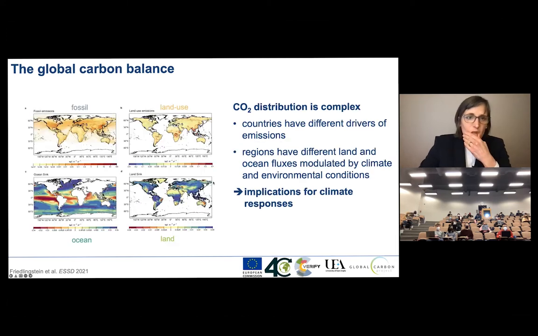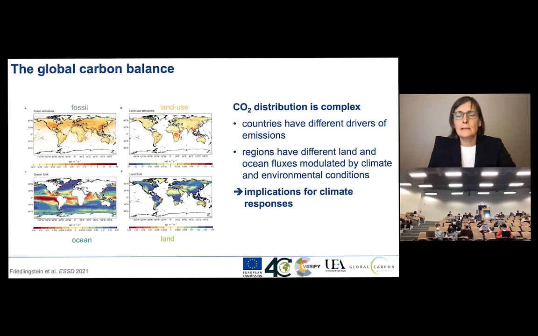The distribution of these emissions, fossil fuel and land use, and then the sinks, ocean and land, is very different. Countries have different drivers for emissions. Regions have different land and ocean fluxes because they're modulated by the regional climate, the temperature, the winds for the ocean, the rainfall pattern for the terrestrial ecosystem.